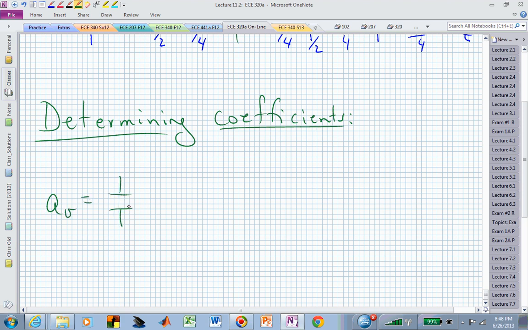Let's now find the average value. That's simply 1 over the period, integral over 1 period, x of t dt. And I didn't explicitly define what the period was, so we'll keep that a variable quantity, but we are integrating only over the interval of time where that function x of t is non-zero in 1 period, and that's from minus T over 4 to T over 4. It has an amplitude of A dt.